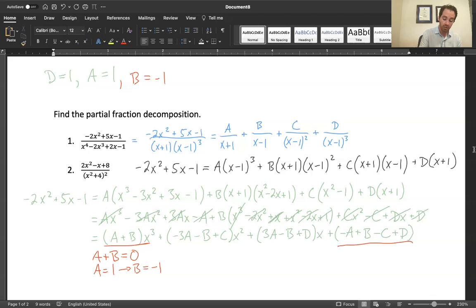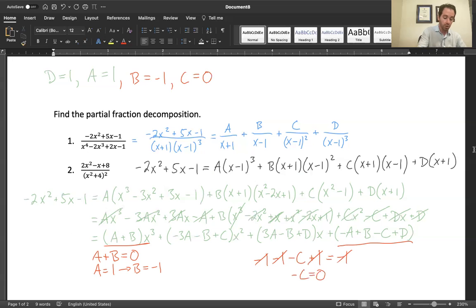I know that -a plus b minus c plus d must be equal to -1 because that's the constant term on the other side, right? So I'm going to plug in the values that I already know. -1 for a plus another -1 for b minus c, which is currently unknown, plus d, which is 1, must be equal to -1. -1 and +1 cancel out. -1 and -1 cancel out. So I get -c equals 0.